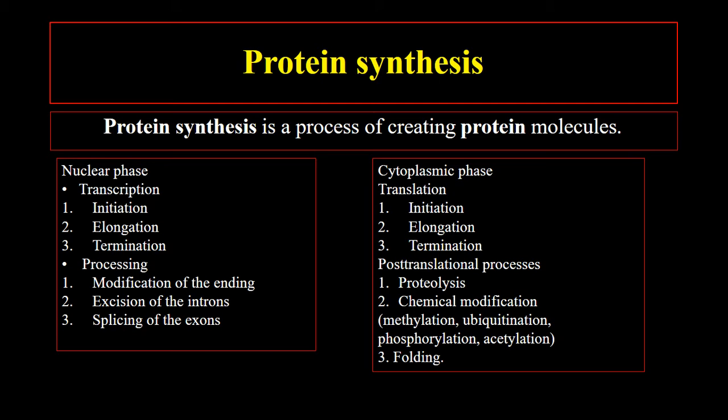On the slide you can see some examples of post-translational processes such as proteolysis and different chemical modifications or reactions such as methylation, ubiquitination, phosphorylation, acetylation, glycosylation, and folding. And now let's talk about these processes in detail.